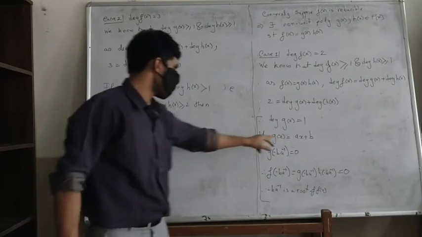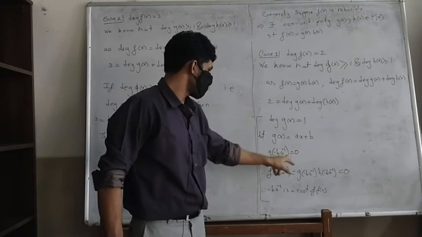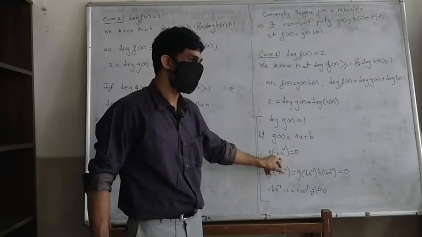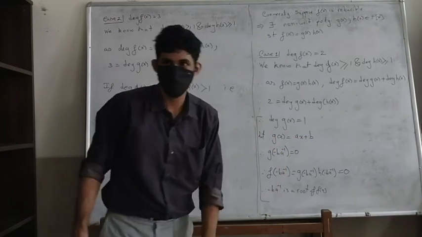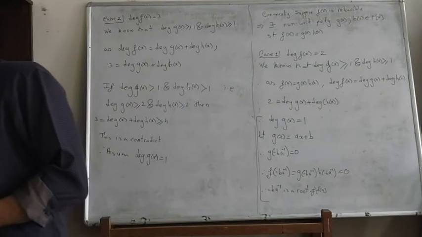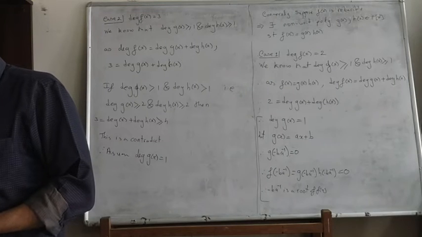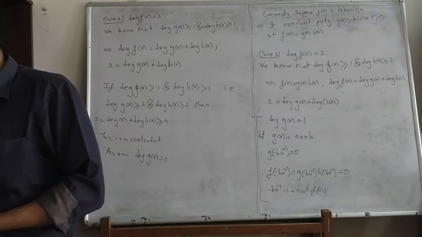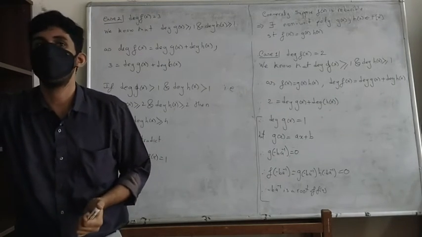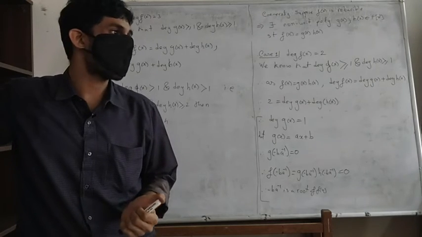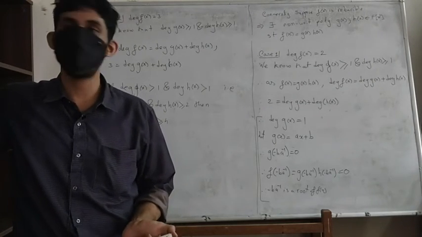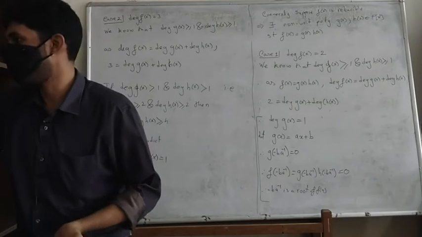Degree of g is 1, so you can write g in this manner, which means that g has this root, right? But the same root is going to be a root for f. So when we are working with polynomials of degree 2 or 3, to check whether the polynomial is reducible, it is sufficient to check whether it has a 0.